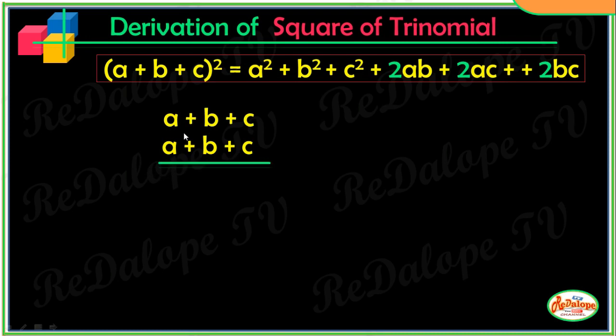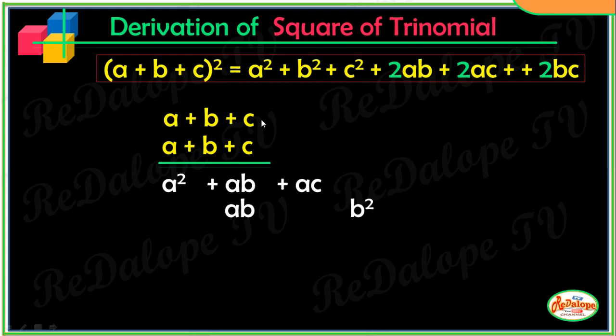So let's work on it. A times A, so we have A squared. A times B, so we have positive AB. A times C, so that is positive AC. Then the second term of the second polynomial, B times A, so that is positive AB. B times B, so that is positive B squared.